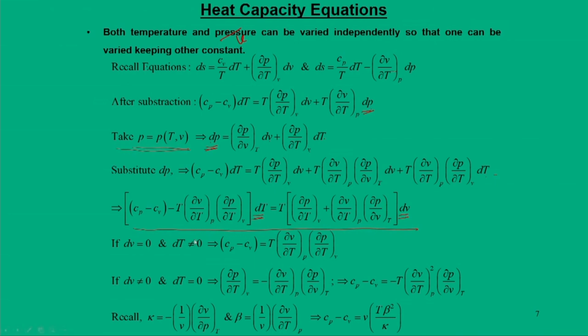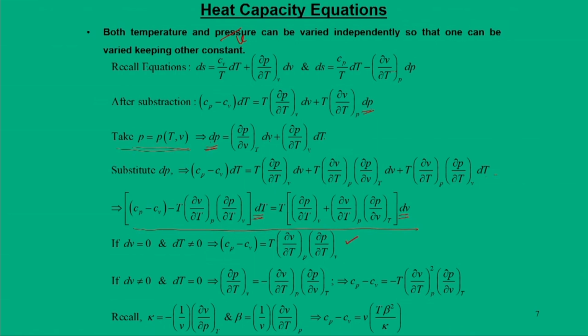So, if you say the temperature change is not equal to 0, but the specific volume change is equal to 0, that means the specific volume does not change but temperature changes, we get one expression: Cp minus Cv is equal to T times (∂V/∂T) at P into (∂P/∂T) at V.